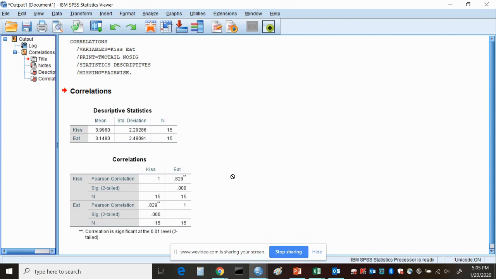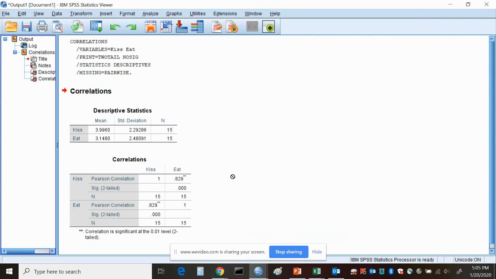So in this case, it's a positive, which means that as a person's eating score increases, their kissing score increases as well. 0.829 suggests it's a very strong correlation.